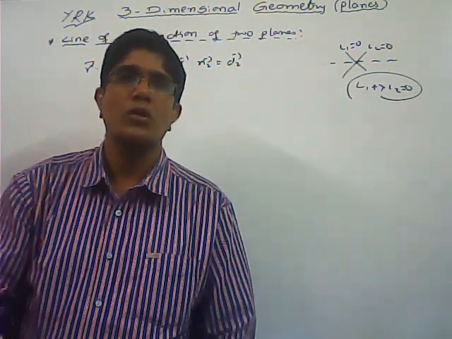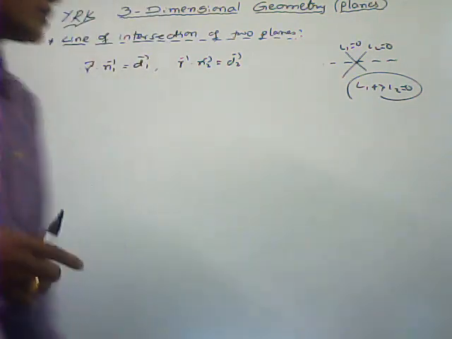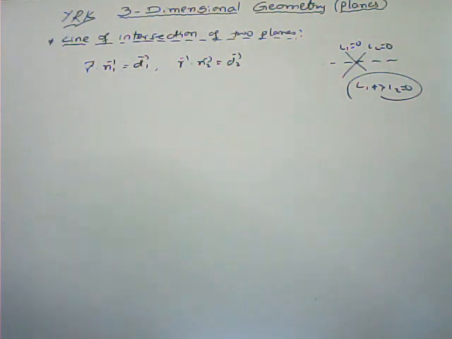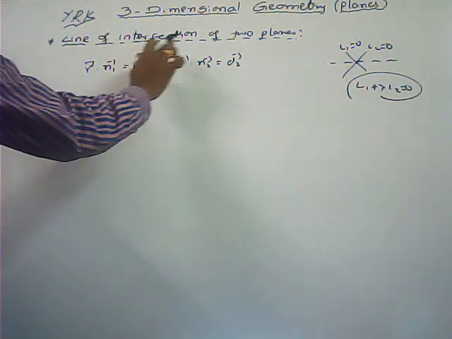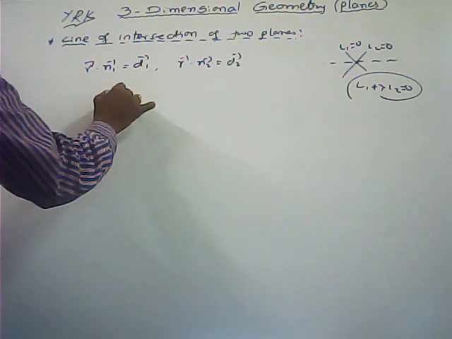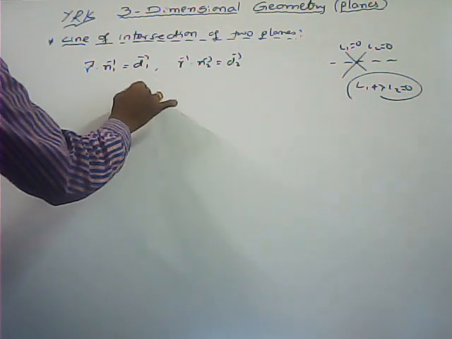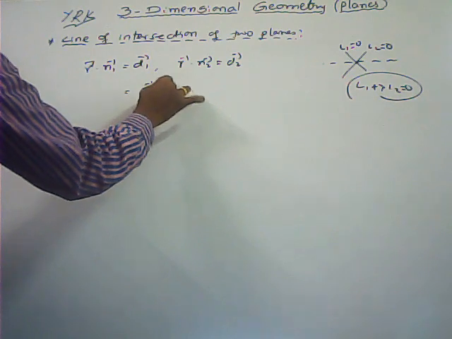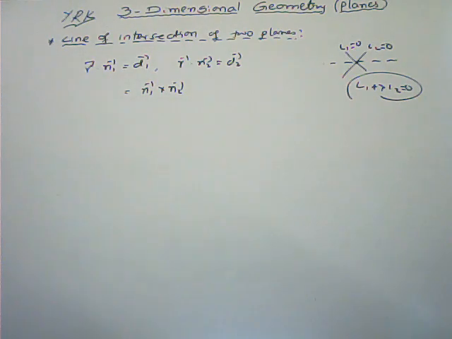What is the vector perpendicular to both? Their cross product, n1 bar cross n2 bar. So if any two planes are given, the line of intersection of the two planes is parallel to n1 bar cross n2 bar, because that is perpendicular to both n1 bar and n2 bar.